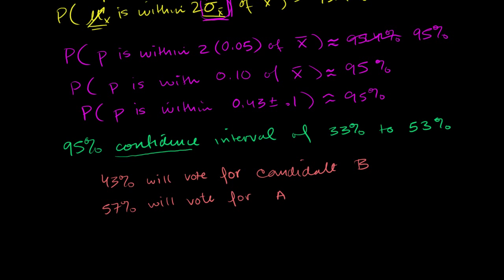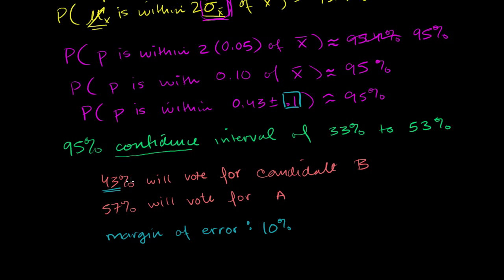And you'll see this in any survey that you see on TV. They'll put a margin of error. And the margin of error is just another way of describing this confidence interval. And they'll say that the margin of error in this case is 10%. Which means that there's a 95% confidence interval if you go plus or minus 10% from that value right over there.